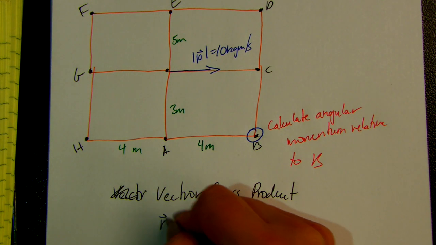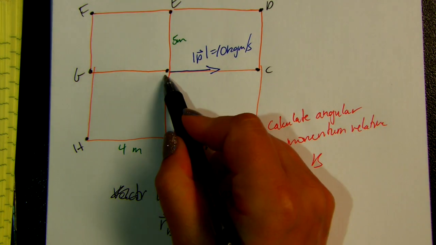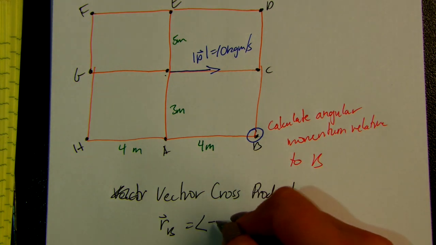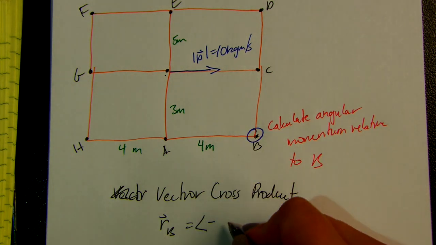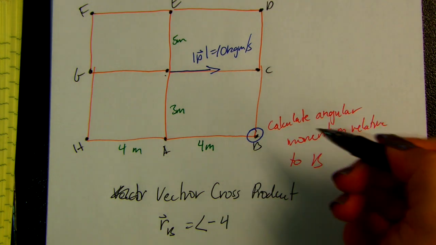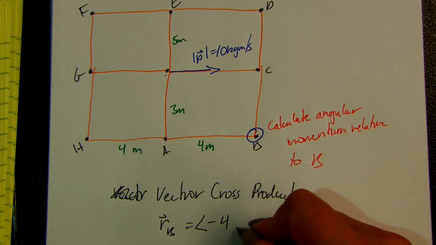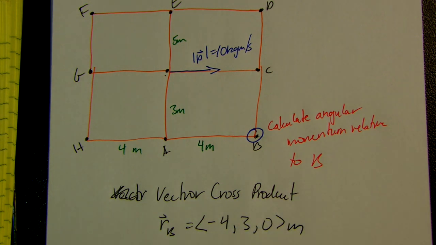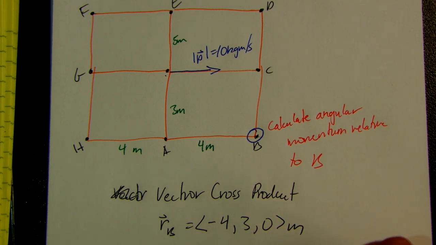So position with respect to B from here is equal to minus 4, because you have to go back 4 this way, up 3 and 0, it's a two-dimensional picture. And momentum is equal to 10, 0, 0 kilogram meters per second.